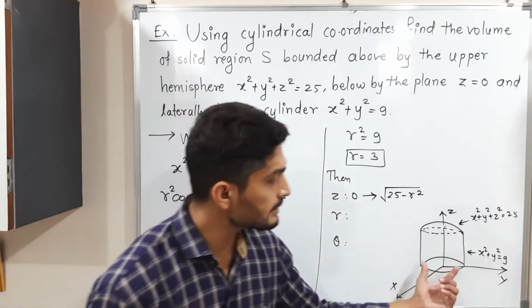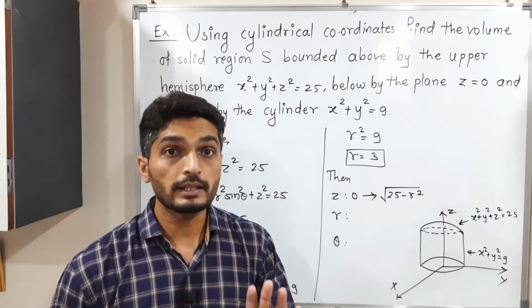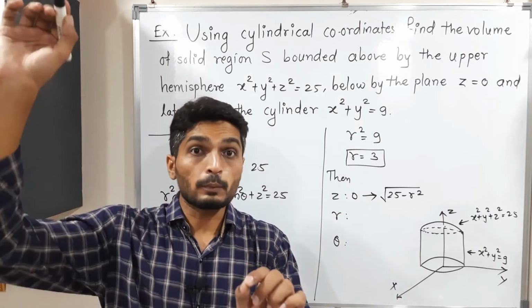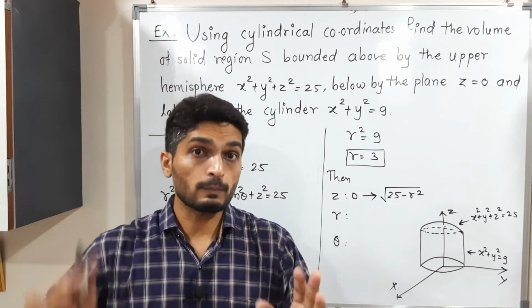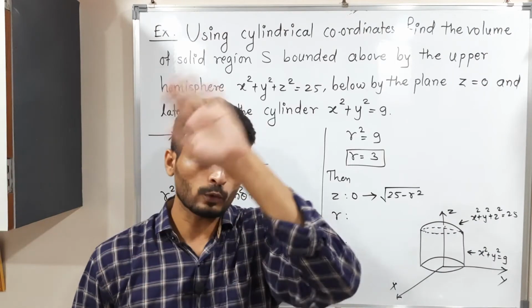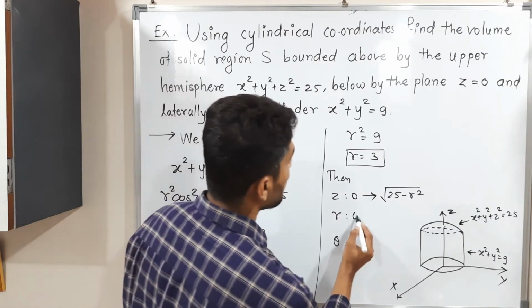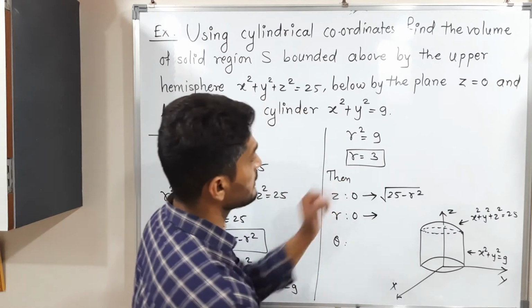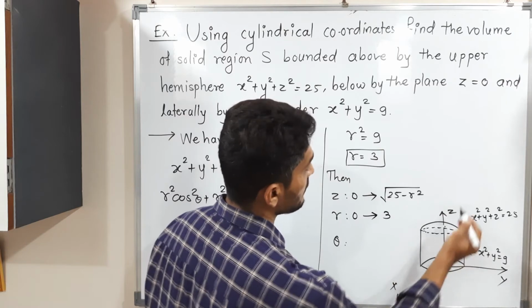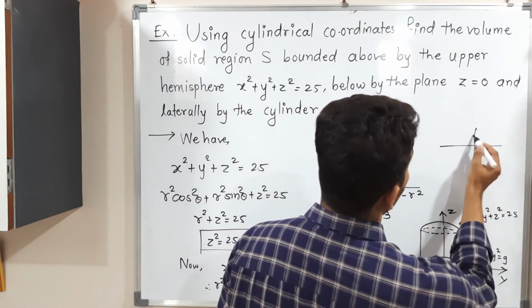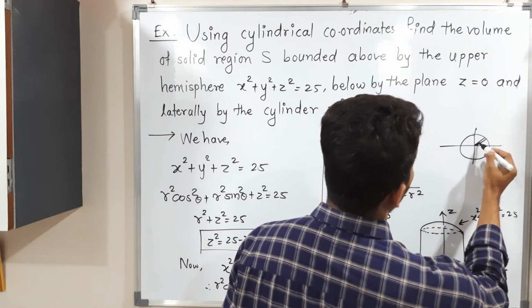What about r? You know that this is the circle. How do we find the limits of r? In polar coordinates, we consider a strip which starts at origin and rotates like this. Getting my point? So here radius starts at 0 and its radius is 3, the radius of this circle. If you consider 2D, it will be like this, having a radius 3.